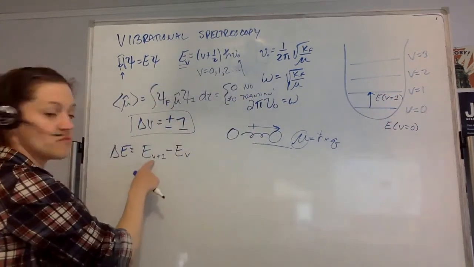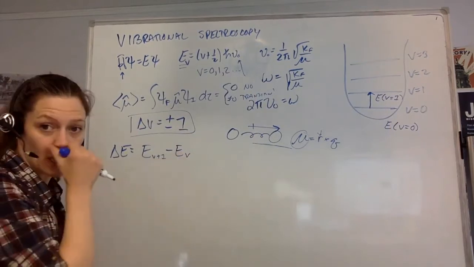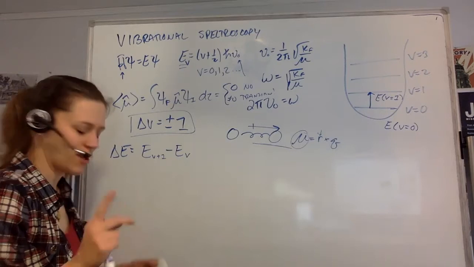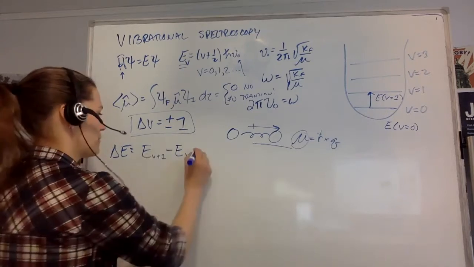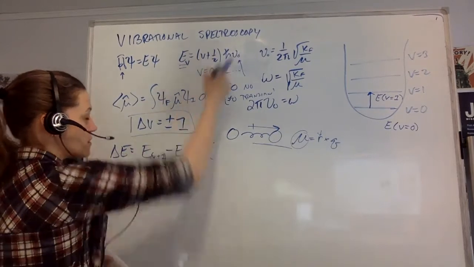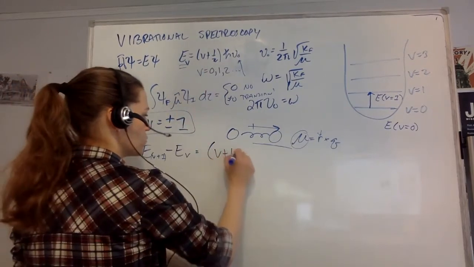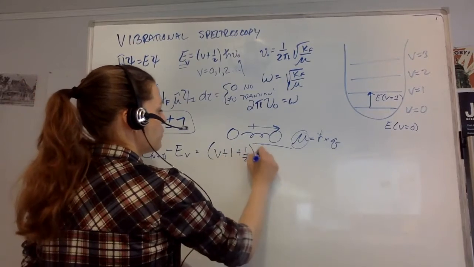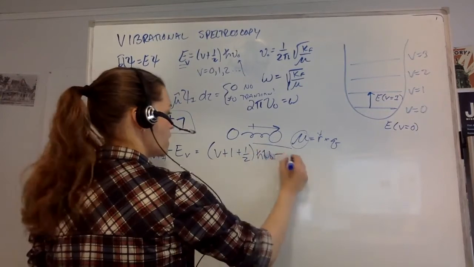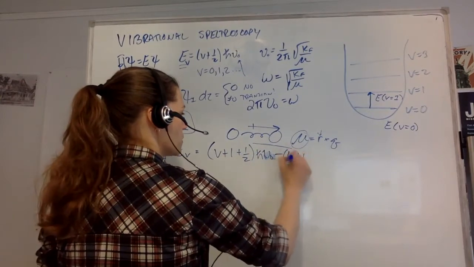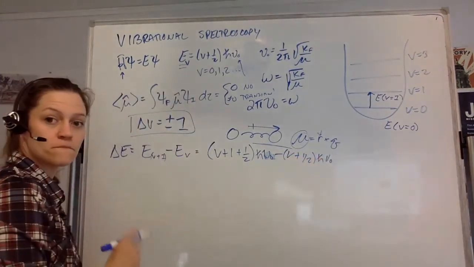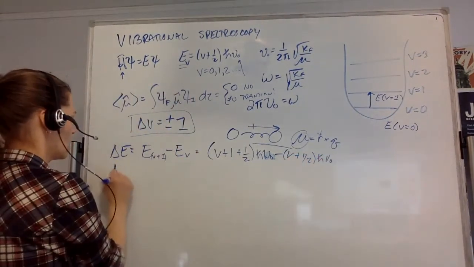So that means this is E(v+1) minus E(v). I think you're going to do one of those in your homework. If I still gave you that homework problem, I can't quite remember. But that's how you do that. So then you just put v+1 into this equation. So you get (v + 1 + 1/2)hν0 minus (v + 1/2)hν0. Okay, everyone following the technique?